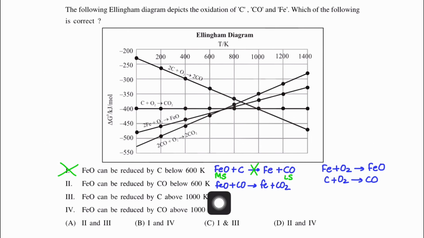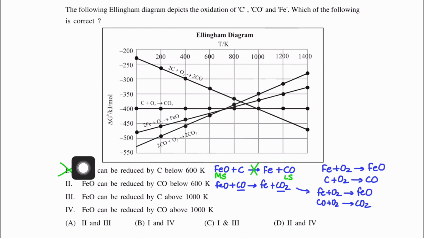So now we'll concentrate on the two curves. One, iron forming iron oxide, and other carbon monoxide forming CO2. So the first curve, iron forming iron oxide, is this one. Now the next curve is carbon monoxide forming CO2, we have this curve.